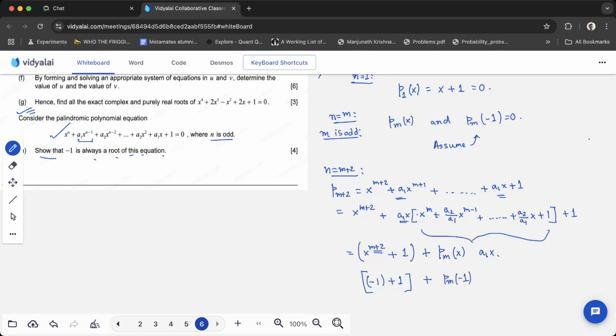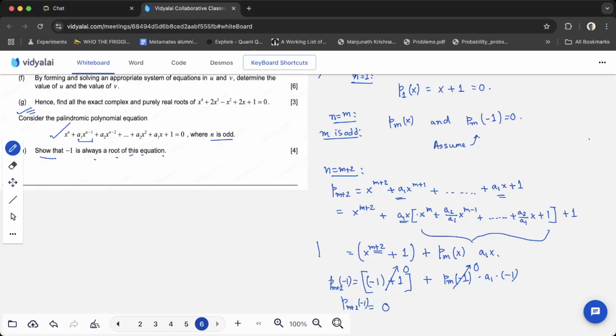Now, any palindromic polynomial of degree m, which is an odd degree, will be 0 at -1 by the previous assumption. So this guy is also 0. So if you just add those two, p_(m+2) is also 0 at x equals -1.